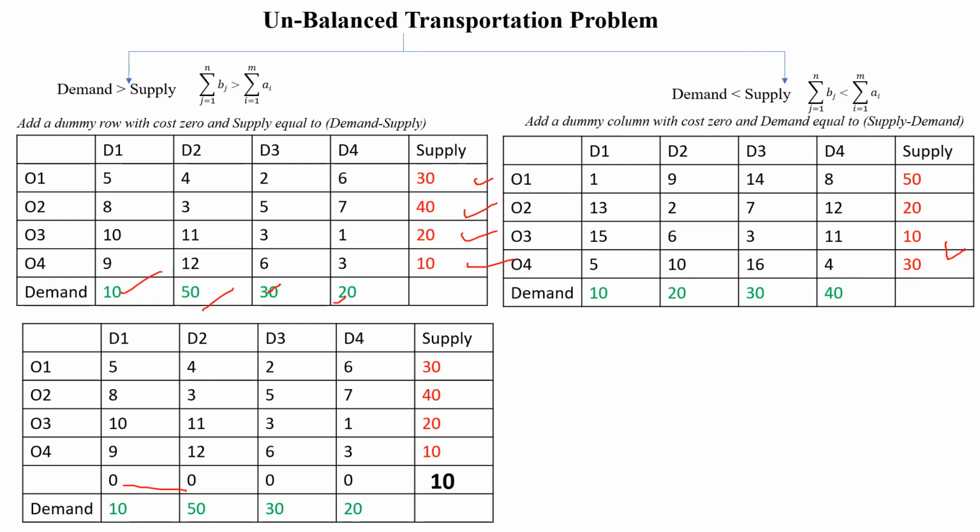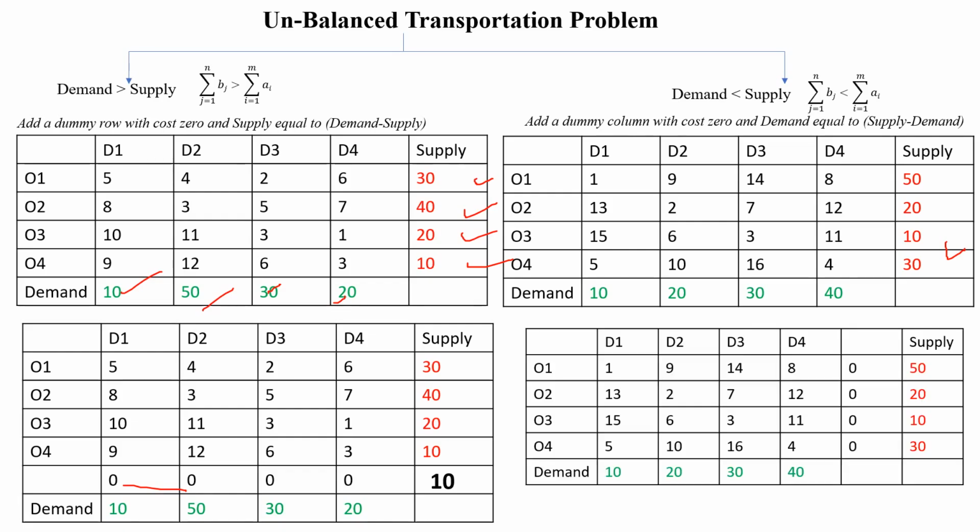So here total supply is 110 and demand is 100. Then demand is less than the supply. In this condition we have to add a dummy column with zero cost, and the demand value for this dummy column is total supply minus total demand, that is 110 minus 100, which is equal to 10.